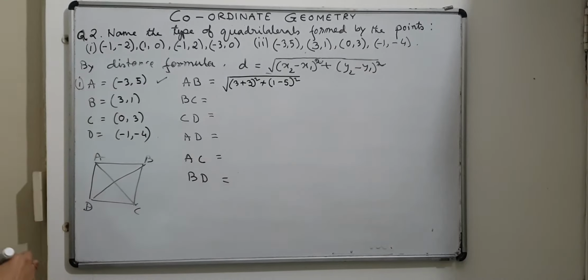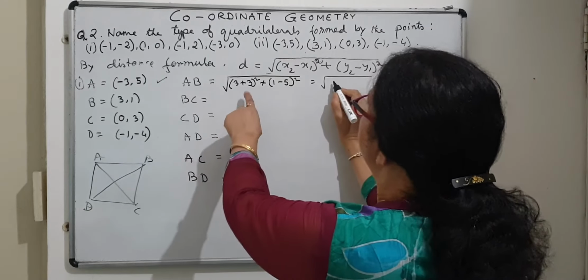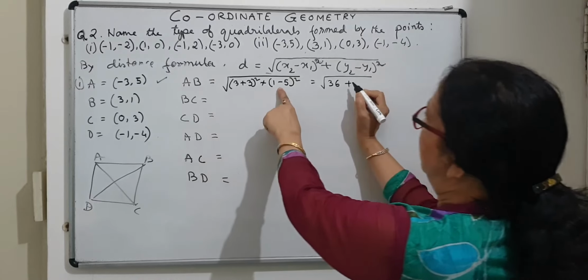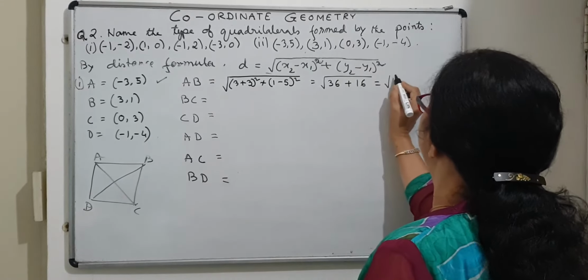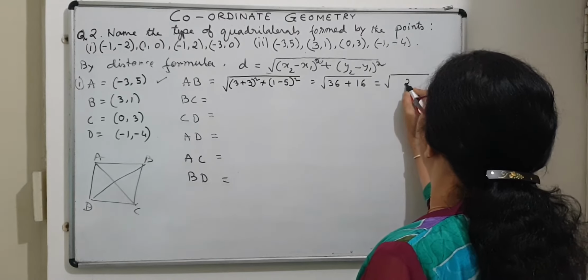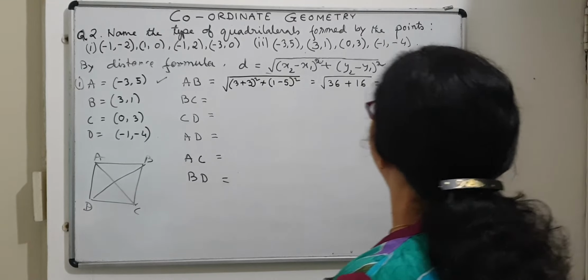We have taken the difference of this. So it came out to be under root 6 square, that means 36, plus 5 minus 4 is 16. So under root 52, I think. Root 52. Let me keep it this way.